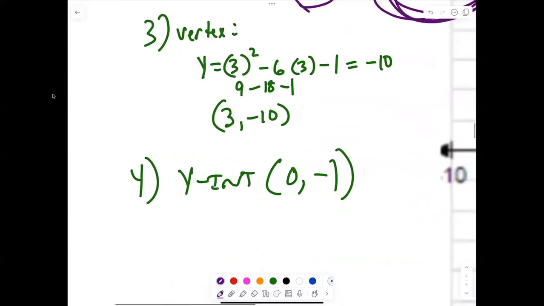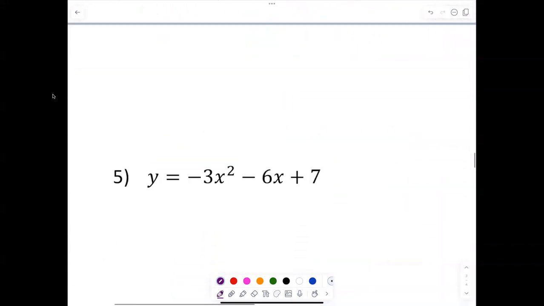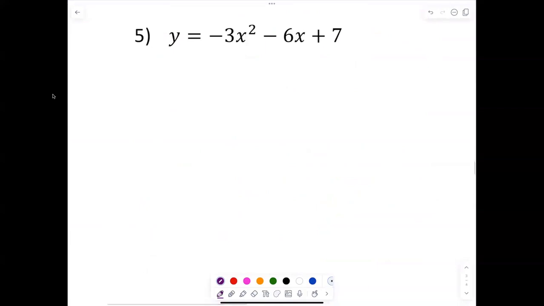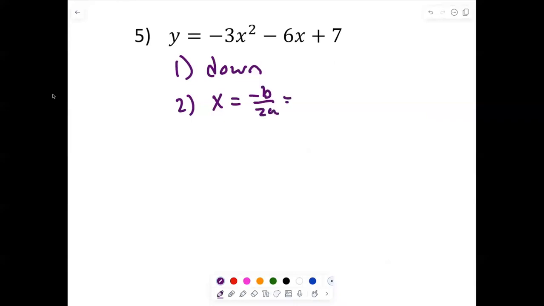Let's check out 5. Does it open up or down? Opens down. Number 2. What's the formula for axis of symmetry, Leah? Negative b over 2a. What's b in this case?